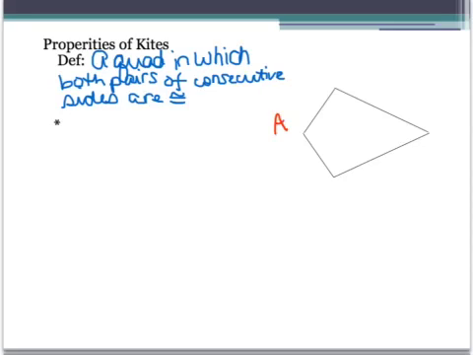I have A, B, C, and D. Side AB is congruent to AD. Those are consecutive, and those are the congruent ones. And then you have BC is congruent to DC. Okay, so one of the properties of a kite is that the diagonals are perpendicular.